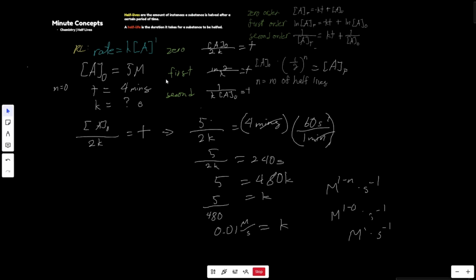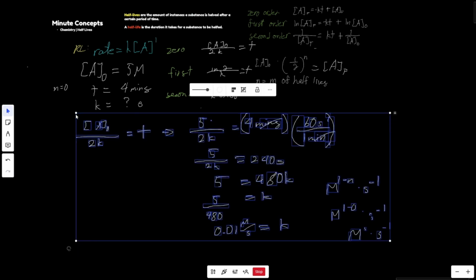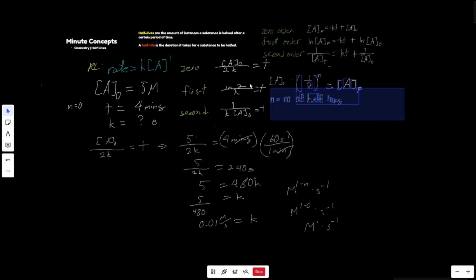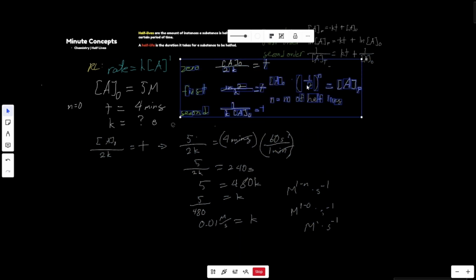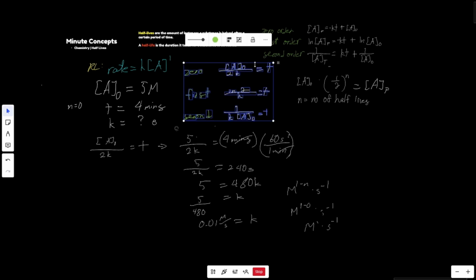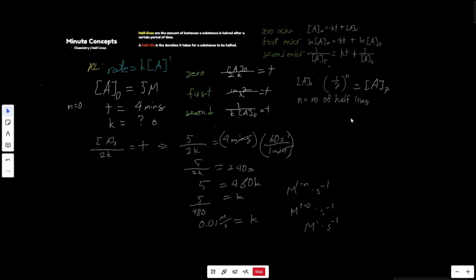And that is our rate constant for this problem. So that essentially wraps up how we use the rate laws of half-lives. And they all really behave the same way. All integrated rate laws in general are used to mathematically represent the relationship between the concentration of a certain substance and its rate of reaction.